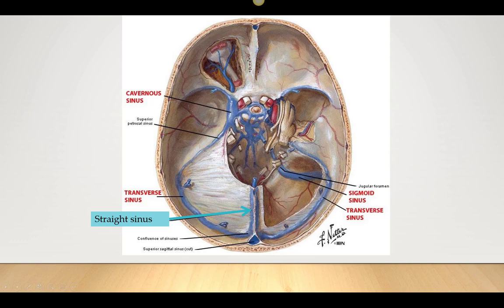All of these are bringing all the venous blood around this area, and that's important because this pituitary gland is an important part of the endocrine system of the body, and any infection around here can spread around that specific area that you see.